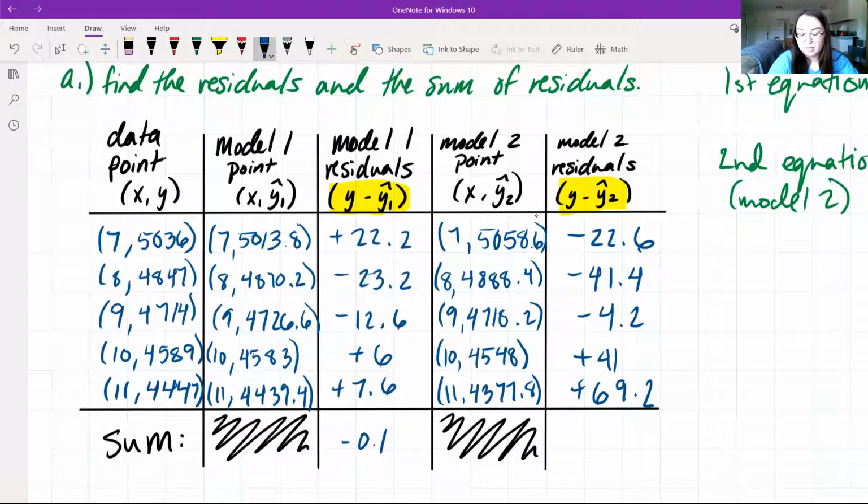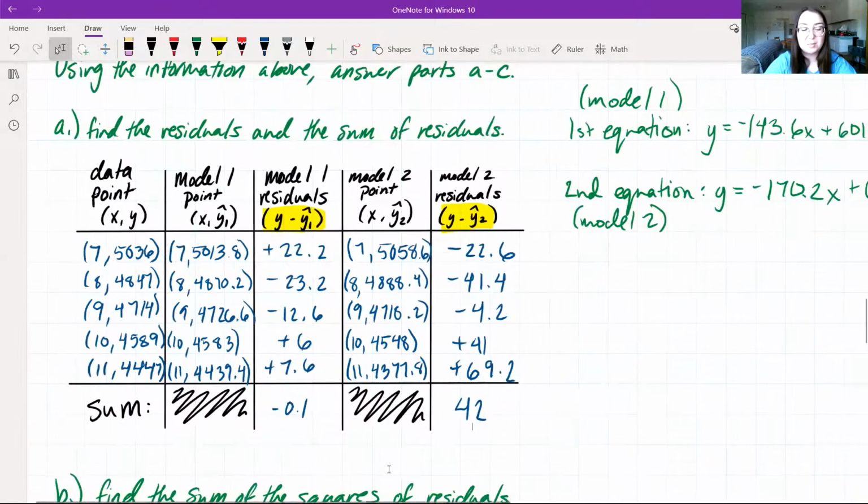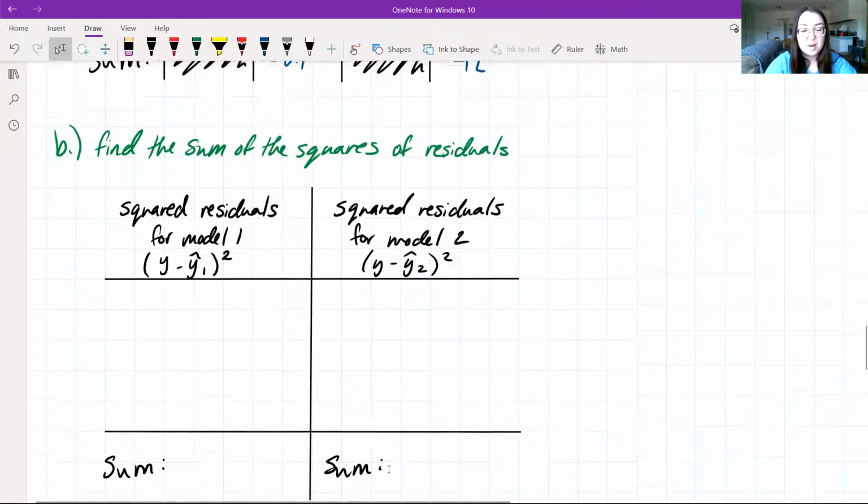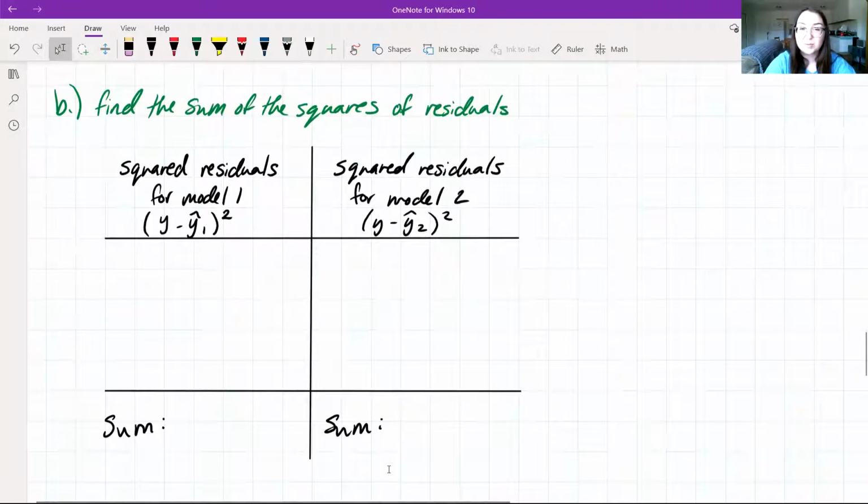So if we add these up all together, feel free to take a moment, add them up together. Feel free to pause the video. And you should have gotten a positive 42. So we know that is definitely a ways away from 0, but like we said before, this is not the best way to accurately find out. So for part B, we need to find the sum of the squares of the residuals.